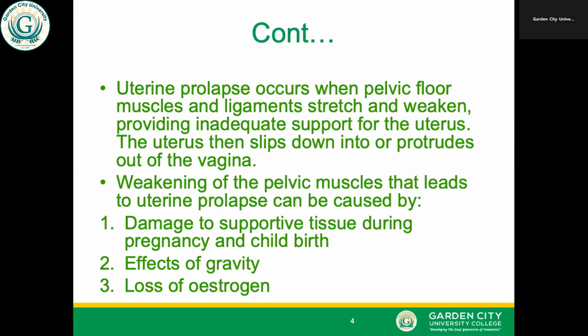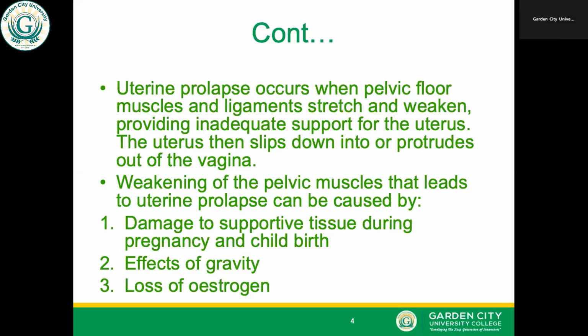And two is effect of gravity. It's the effect of gravity in the sense that during the second stage of labor, when we try to give fundal pressure, it can affect the supporting ligaments, which can then cause uterine prolapse. Or during heavy lifting, it is also a form of gravity we put on the surrounding organs or ligaments.